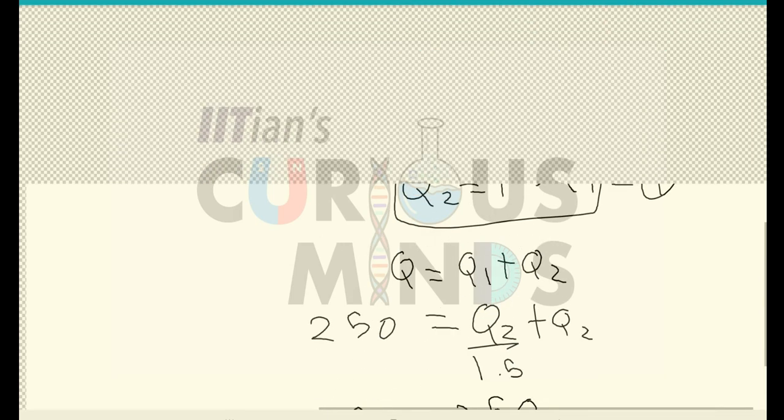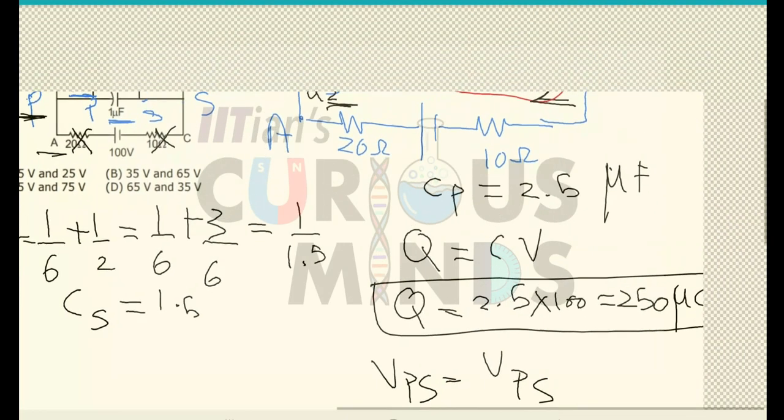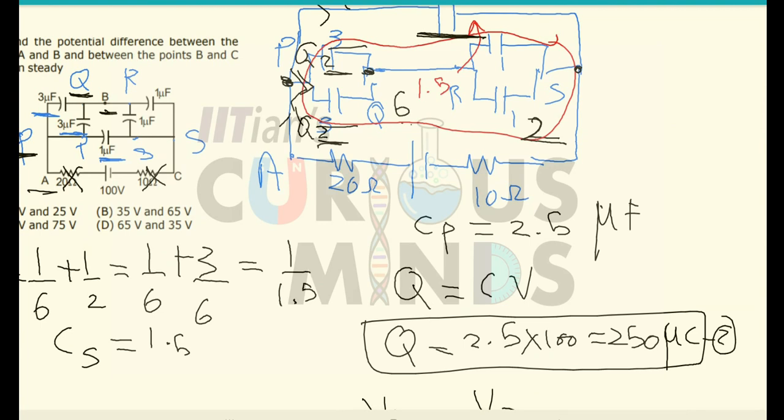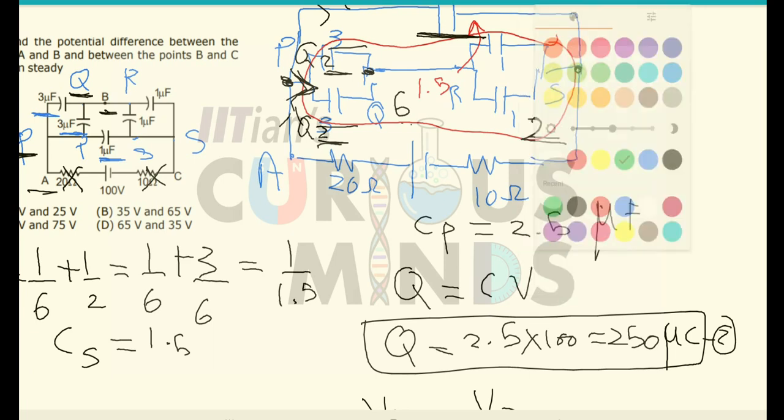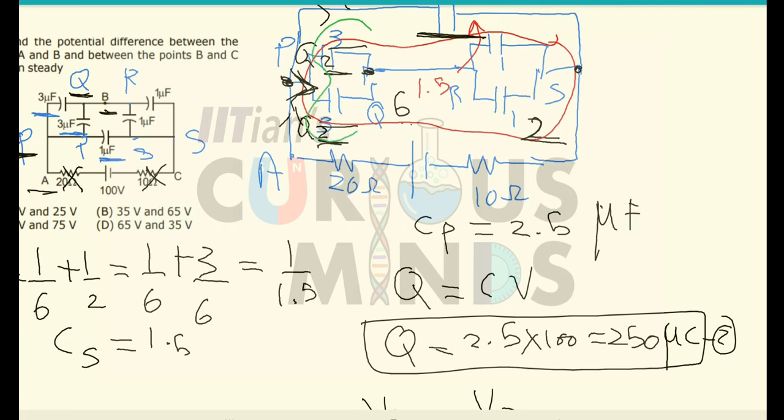So the charge over here is equal to 150 microcoulomb. What is the voltage across this section? I will draw the section again. That is the voltage across PQ, which will be equal to voltage across AB.